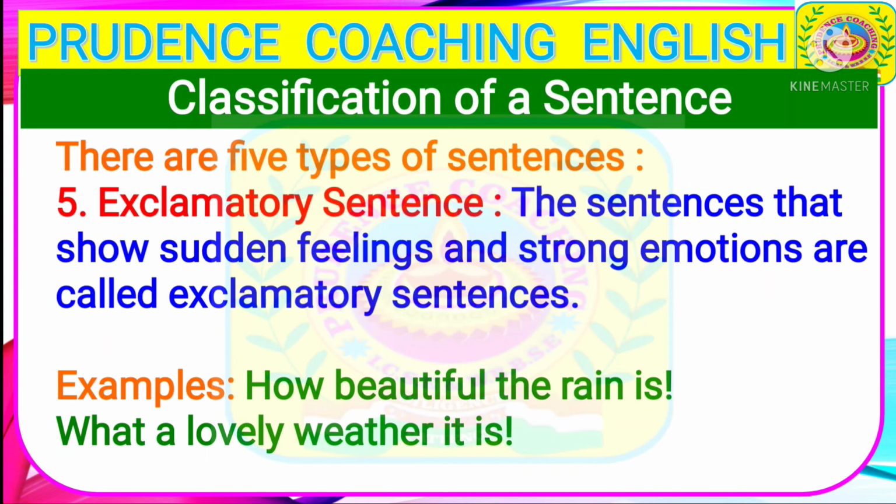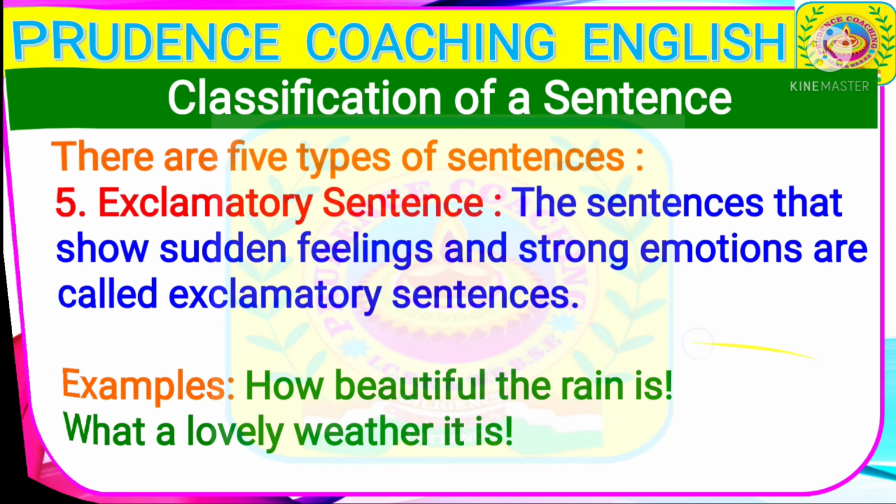So this is a sudden feeling which comes up by seeing some situation or by facing some situation or hearing about some situation. For example, how beautiful the rain is. So here by seeing the rain, we are expressing our feelings that how beautiful the rain is. What a lovely weather it is. We are talking about the weather and we are just expressing our feelings that the weather is very good.